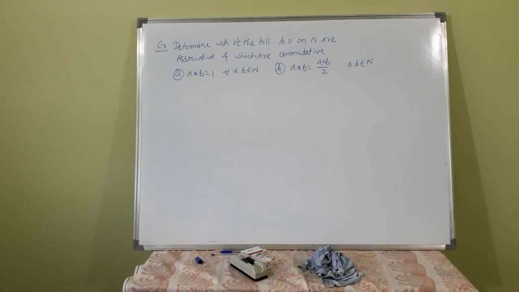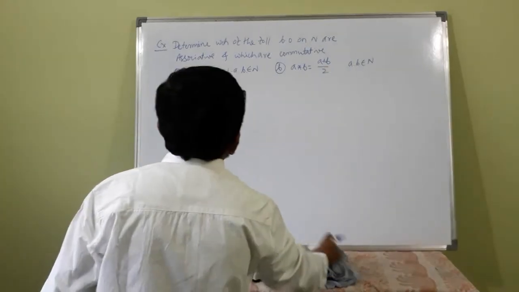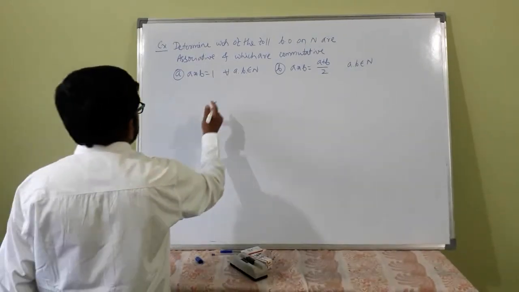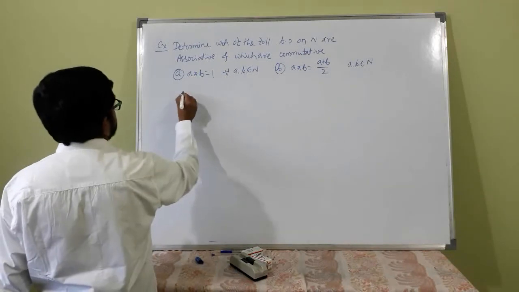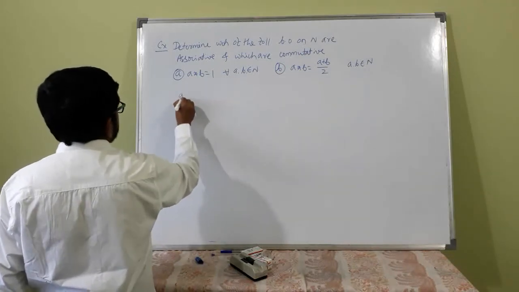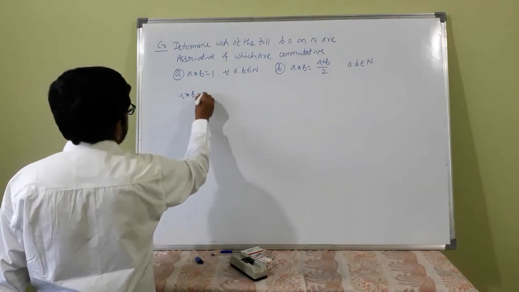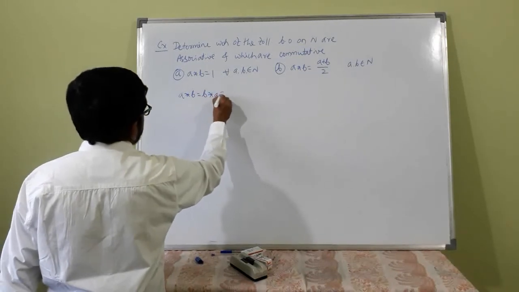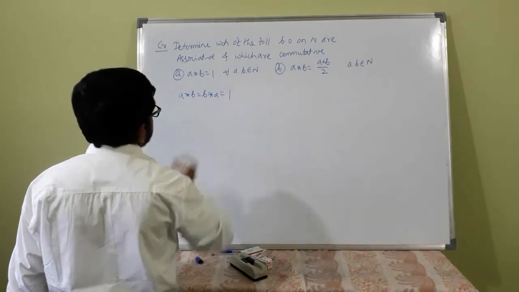Determine which of the following binary operations on N are associative and which are commutative. Let us consider this one: a star b is equal to 1. a star b is equal to b star a is equal to 1.